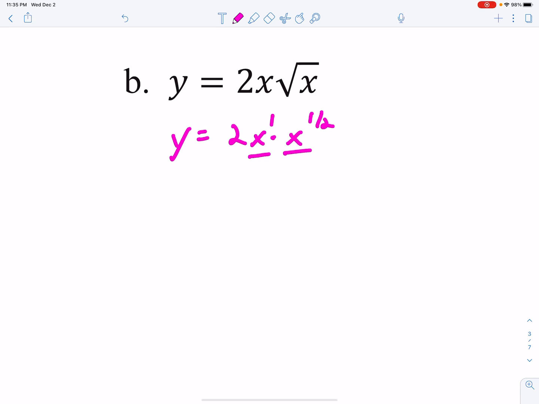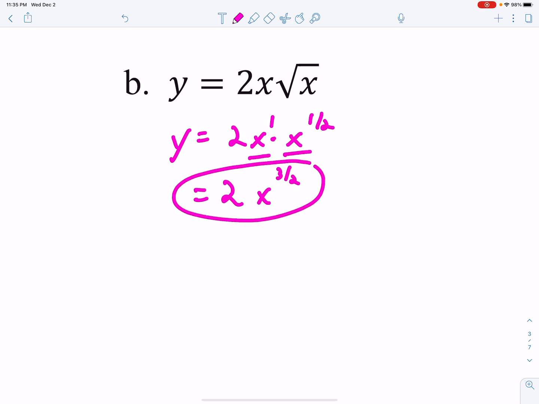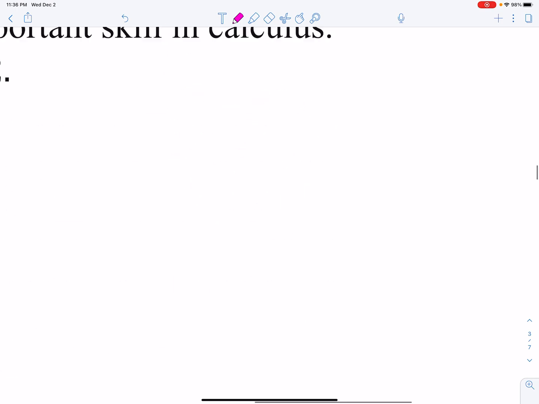So technically speaking, there's a 1 exponent right there, right? So 1 plus 1/2 is 1.5, or the way we'd normally write it here, 2x to the 3/2 power. Okay, we just added those two exponents. Okay, moving on.